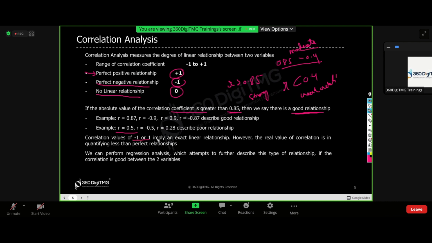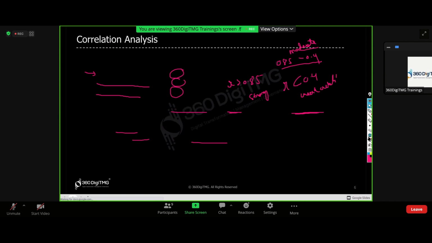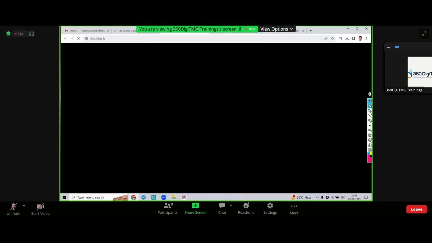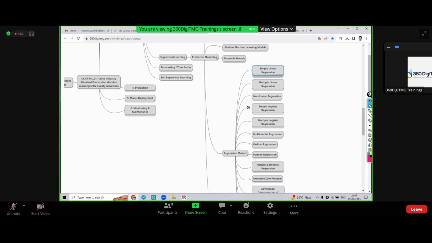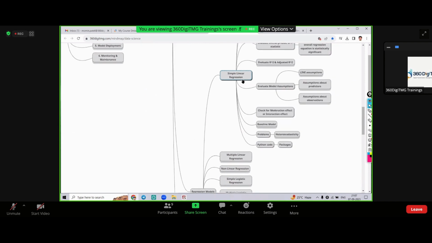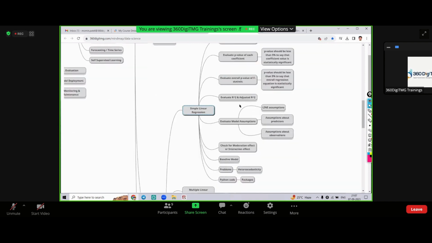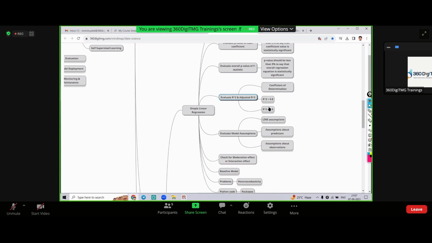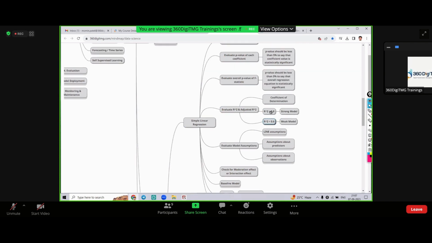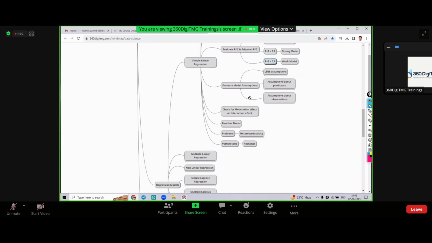So it ranges from -1 to +1, exact linear relationship, right? So let me look at this mind map. Now this is capital R, this is different. Very small r.